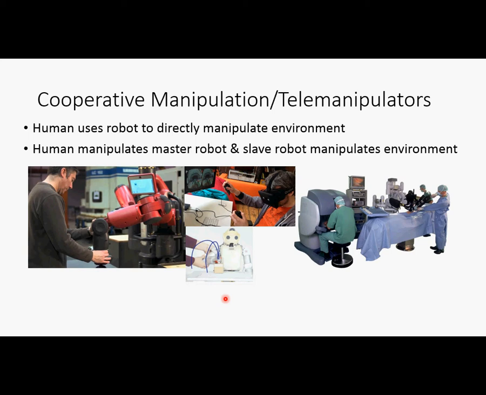We're actually using the Razer Hydra with Atlas currently to move him around and send him positions. Also seen here, you have the da Vinci robot, where the doctor uses the master unit to control the slave robot to operate on a patient.